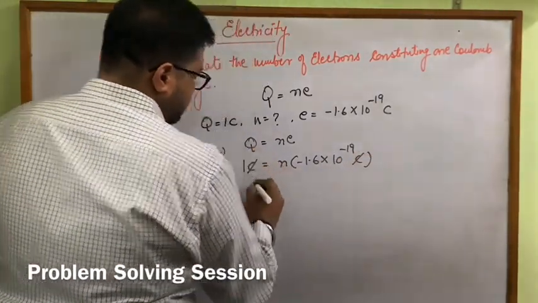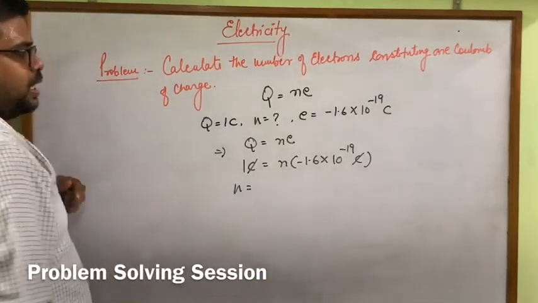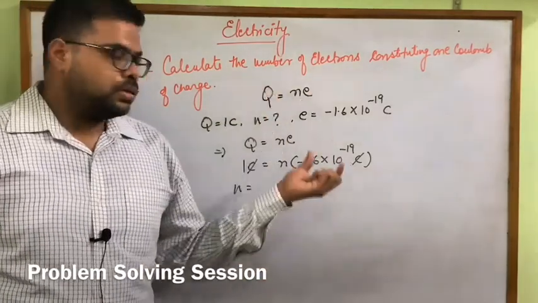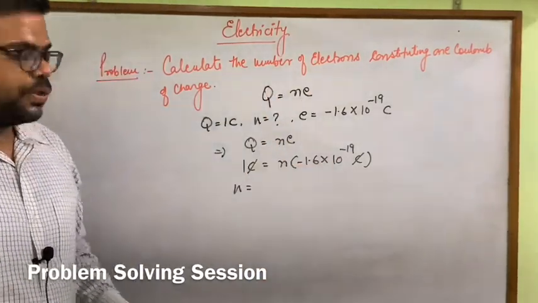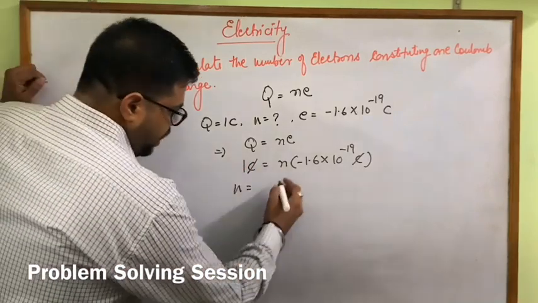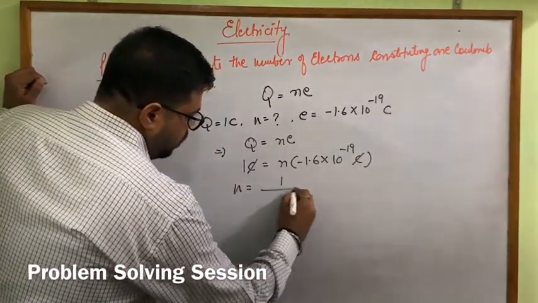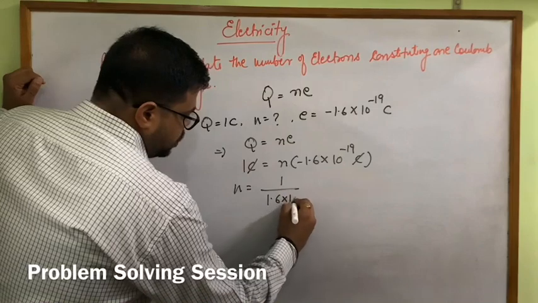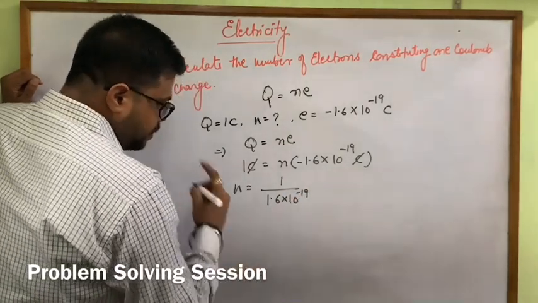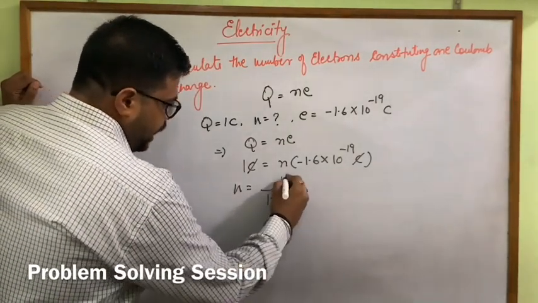Here the coulomb is cancelled. Because we are calculating a number, the negative sign is not required, we can omit it. So n will be equal to 1 upon 1.6 into 10 raised to the power minus 19.